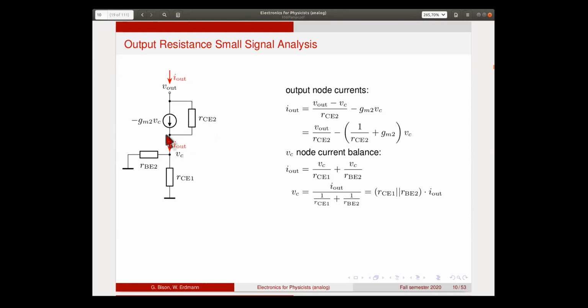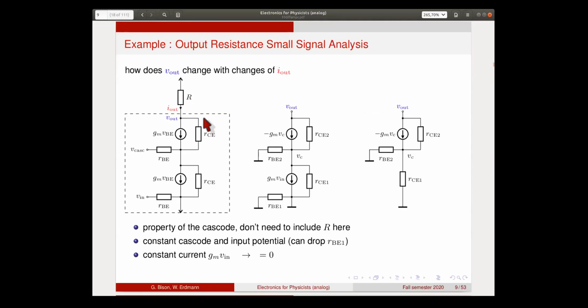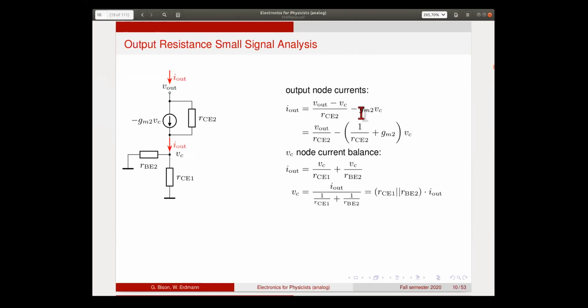And we have this current here, which is given by the transistor action. So it's GM multiplied by the base emitter voltage, and the base emitter voltage is the cascode voltage minus VC, and the cascode voltage is 0, so we have only minus GM2 times VC.